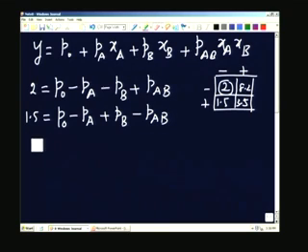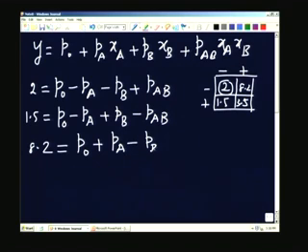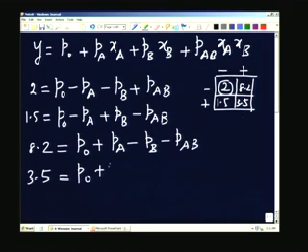So, I want to write it a little bigger, so that you can easily see what is happening. 8.2 equal to P naught, that corresponds to this where the x A is plus 1, x B is minus 1, therefore, this becomes plus P A minus P B, again minus P A B. So, lastly 3.5 equal to P naught, both are high. So, plus P A plus P B plus P A B.